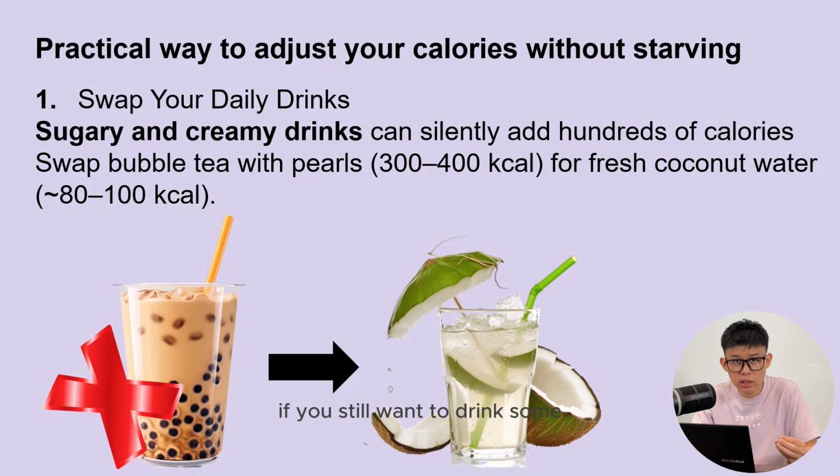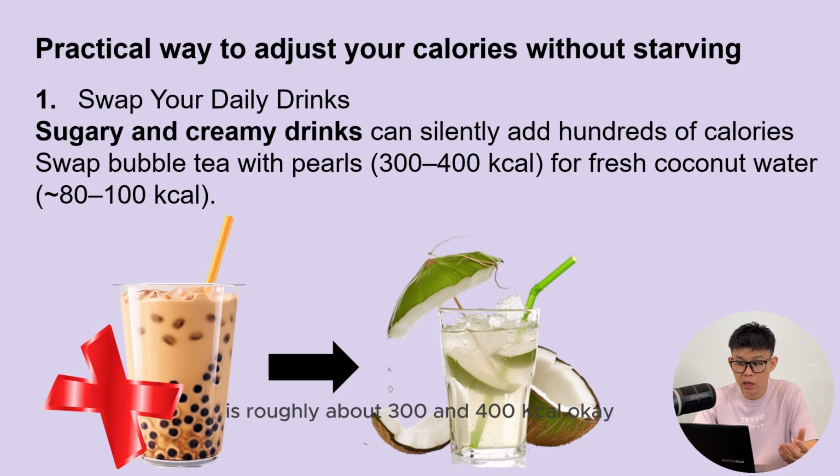If you still want to drink some sweet drinks, just swap your daily drinks. This is one of the simple examples, because sugary and creamy drinks can silently add hundreds of calories into your daily intake. Swap bubble tea with pearls, which is roughly about 300 to 400 kcal, for fresh coconut water, still a sweet drink as well, but lower in calorie.